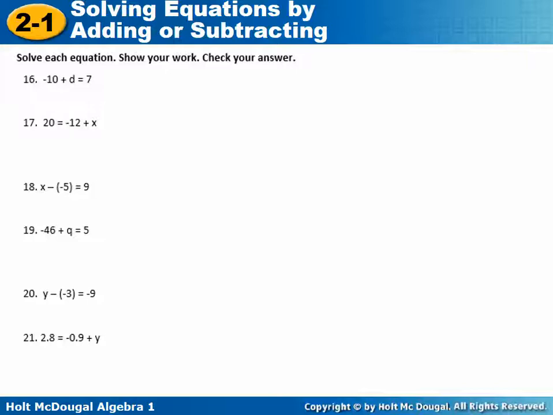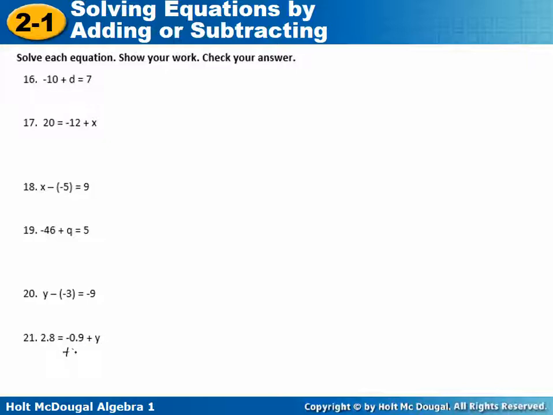All right, so here are some of those trickier ones. Let's look at the last one here, 21. So we have 2.8 equals negative 0.9 plus y. I want to undo the negative 0.9 so that I have just y by itself.